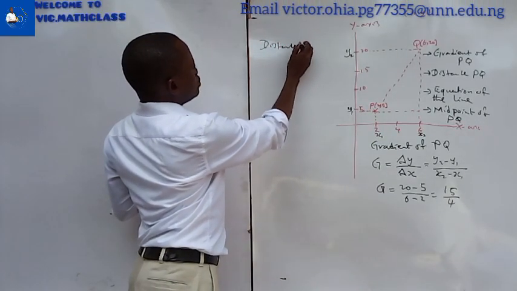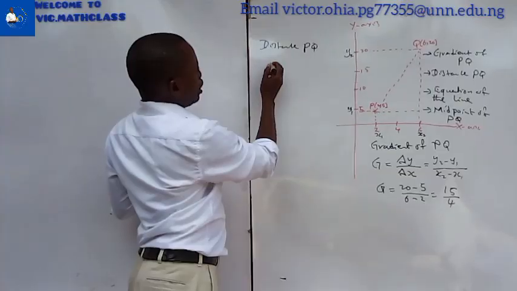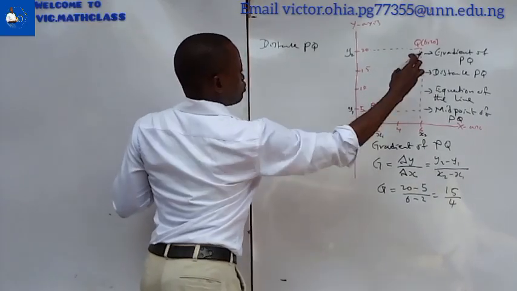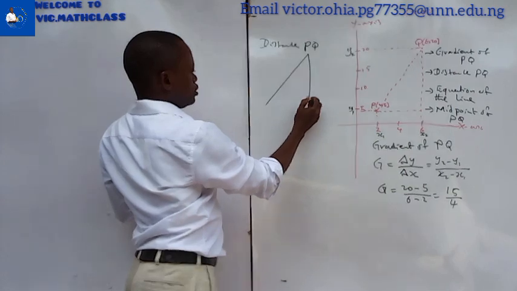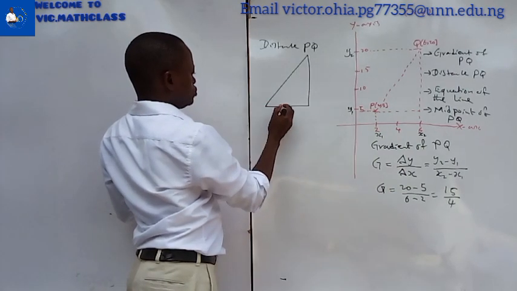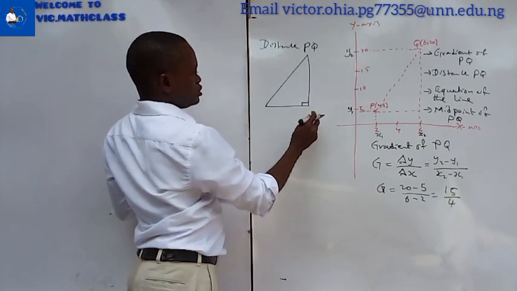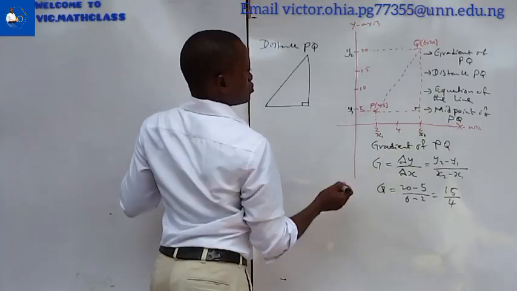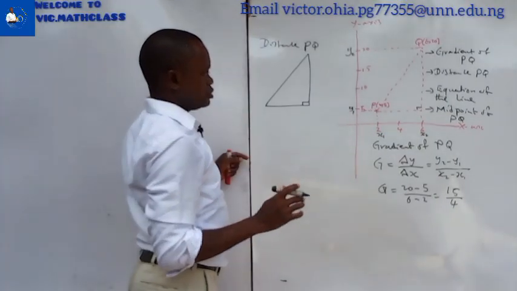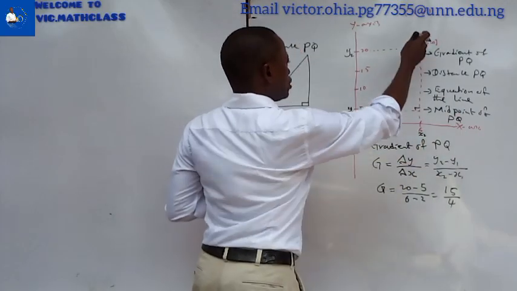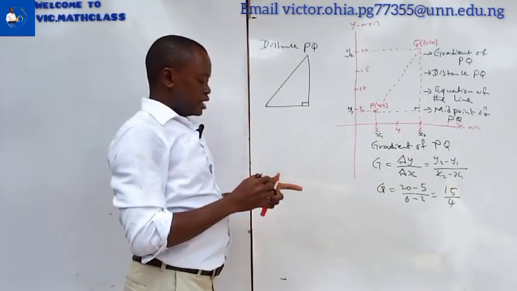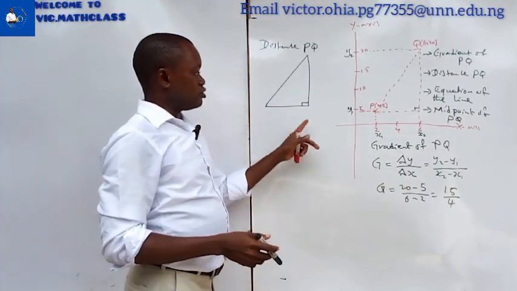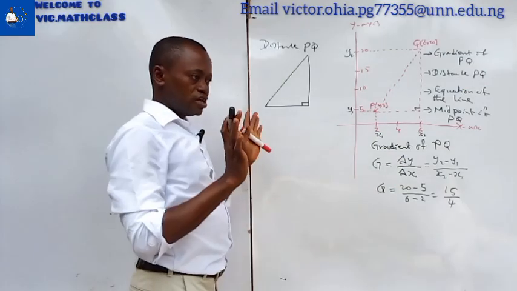Let me extract this triangle so that you can see clearly what I want to show you. Do you realize that this is now a right angle triangle? I'm sure you get it, because this line is running horizontal and this is coming perpendicular to it. And you know, when a line is perpendicular to another line, the angle there is 90 degrees. I'm sure that is not a trouble.